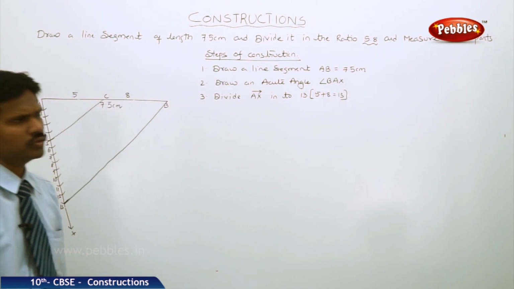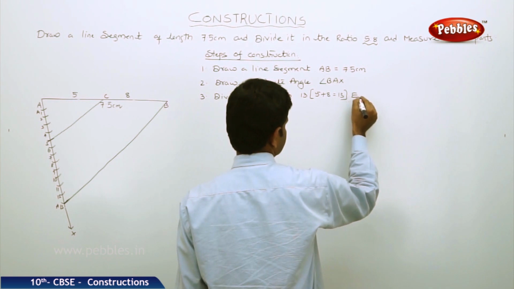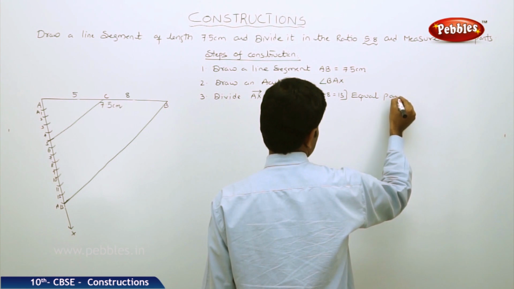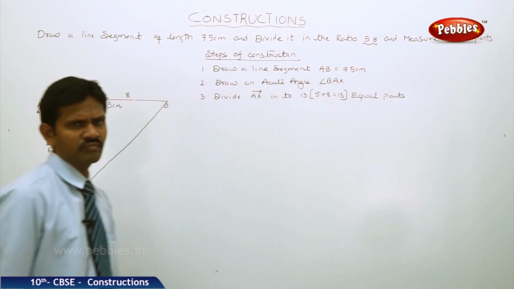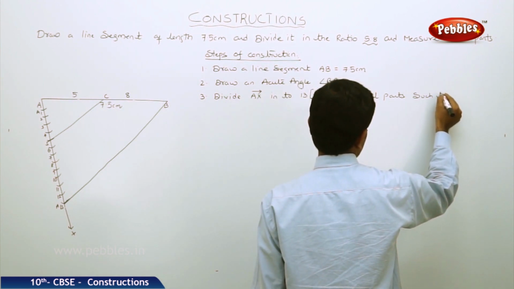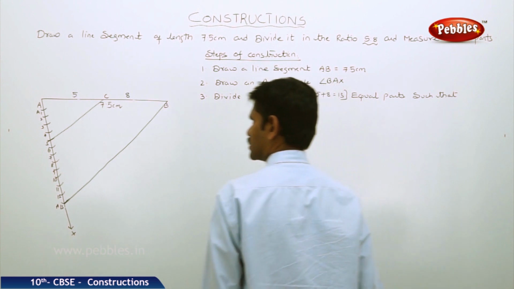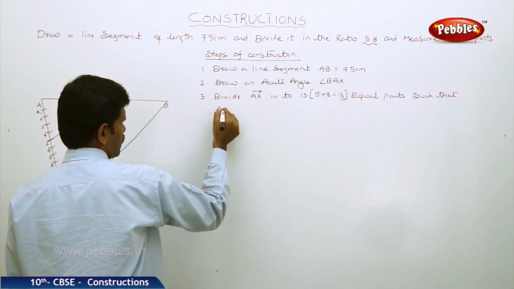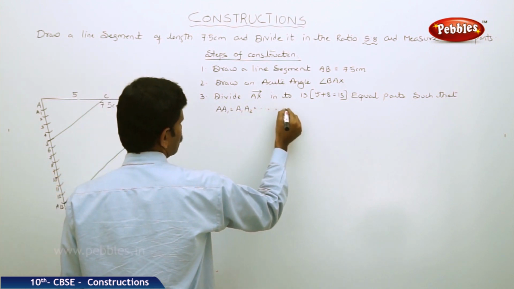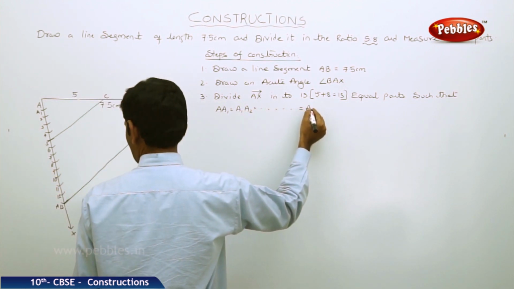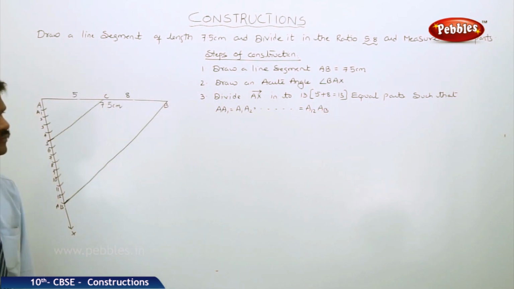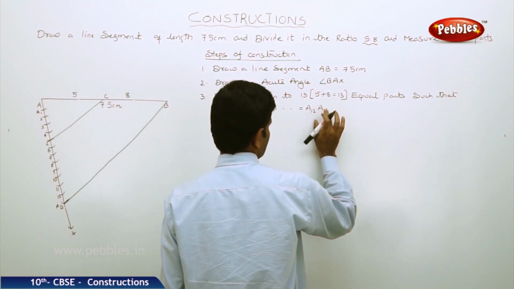Divide AX into 13 equal parts, such that A1 is equal to A1A2 is equal to and so on is equal to A12A13.